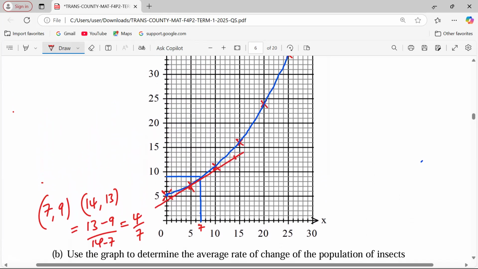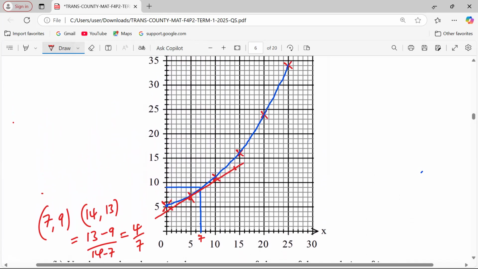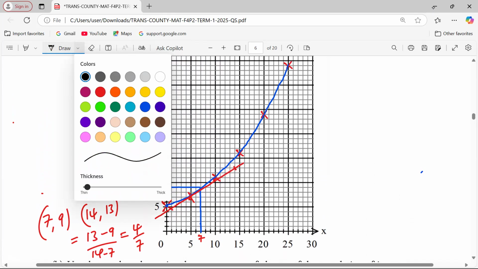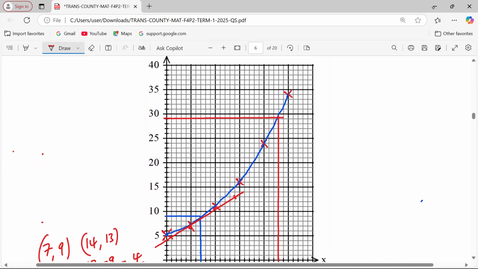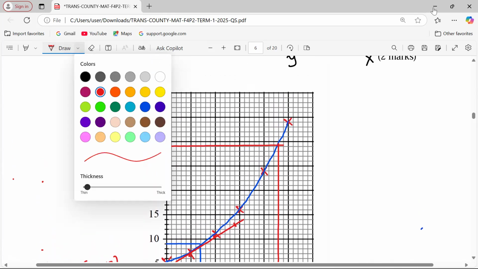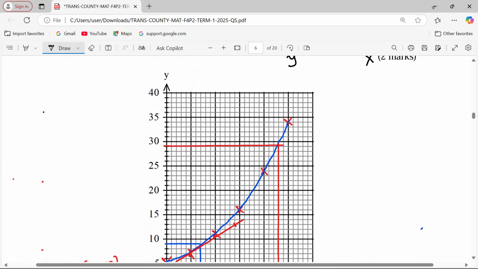Then at t equals 23, we can also draw a tangent at that point. T being 20, 21, 22, 23. So 23 will be at this point, yes, at that point. We do a tangent there again for us to get the rate of change.